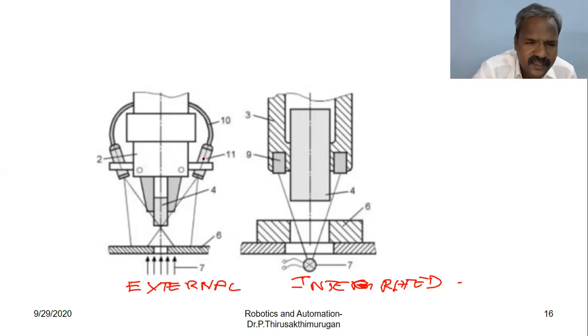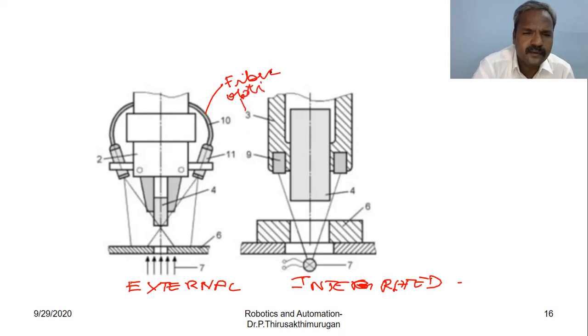So okay, this is a sensor. This is a fiber optic cable. This is a sensor. Mostly these sensors are used to detect the object location.